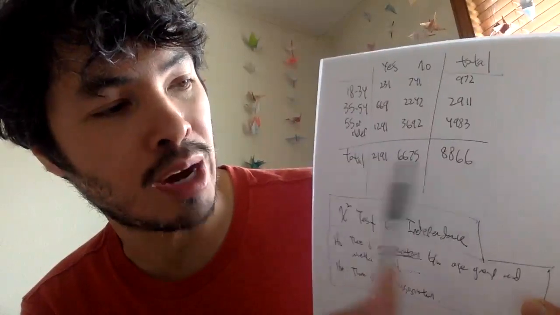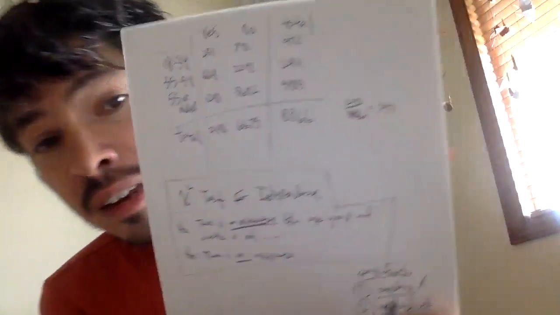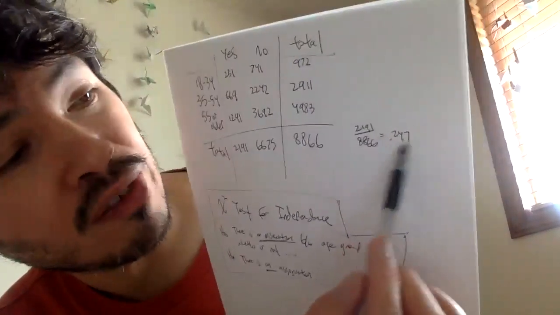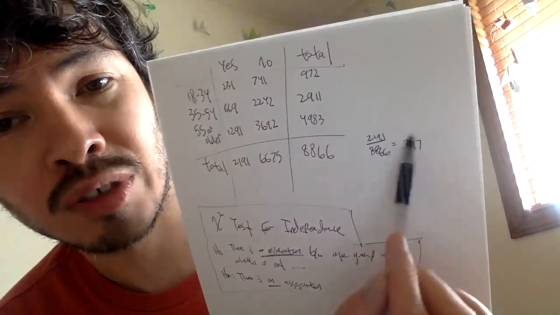Let's just look at the whole population. 2191 over 8866, which is 24.7%. So I just did 2191 over 8866, .247. So 24.7% of everyone said they eat 5 or more servings.